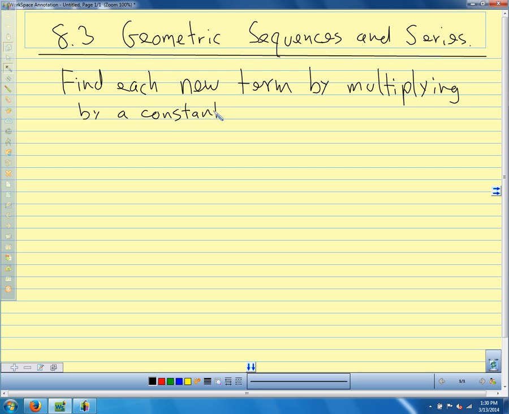The way we write that in symbols is we're going to say that a sub n equals a sub n minus 1 times r. Or we could also say that a sub n over a sub n minus 1 equals r.